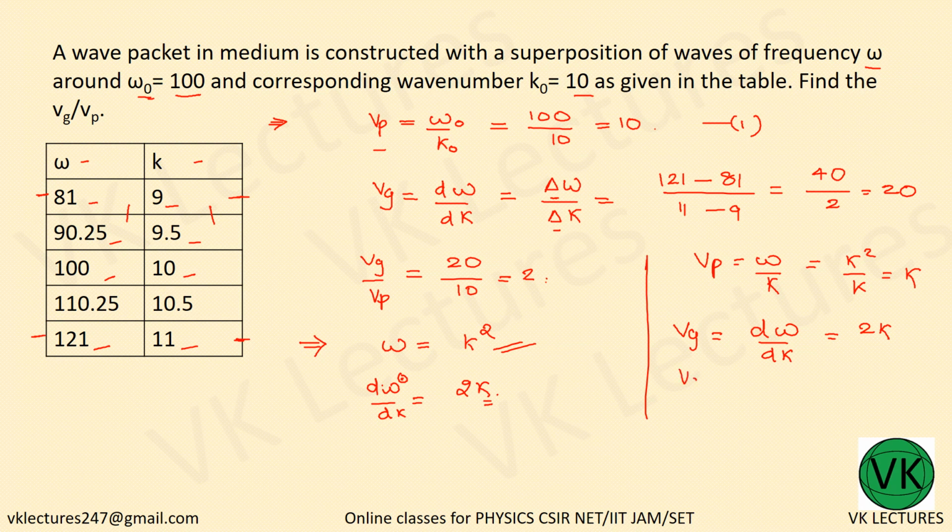So what is Vg by Vp? 2k by k, it's 2. So it's a very similar way of doing things. That's why I told you that there are two methods. Two methods means the same thing, but written in two different forms.